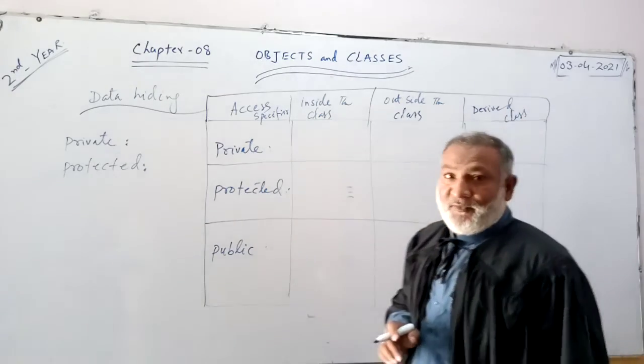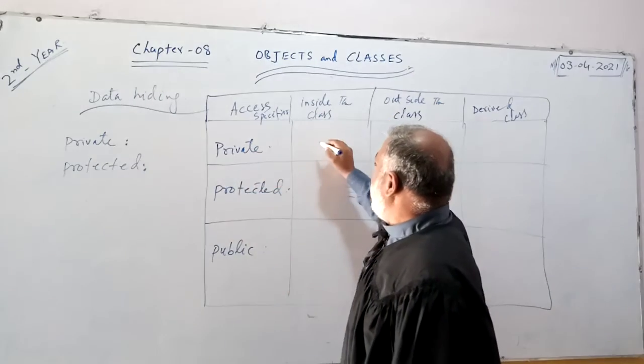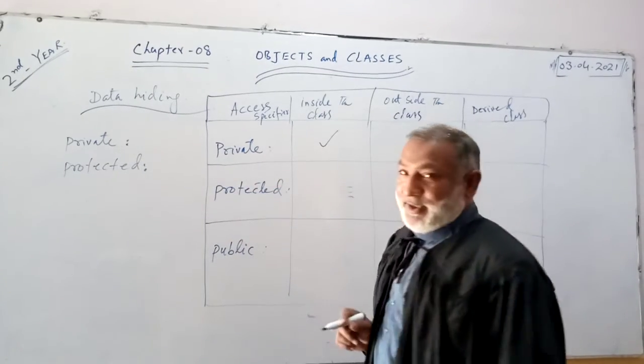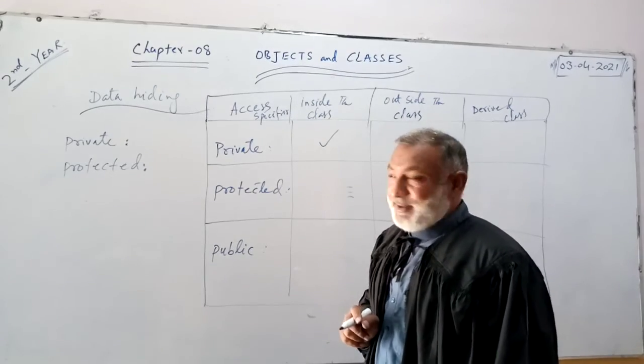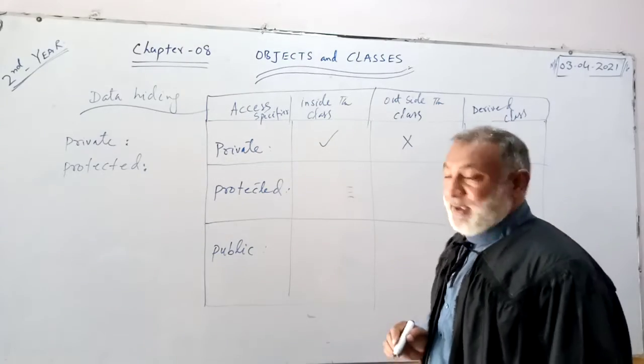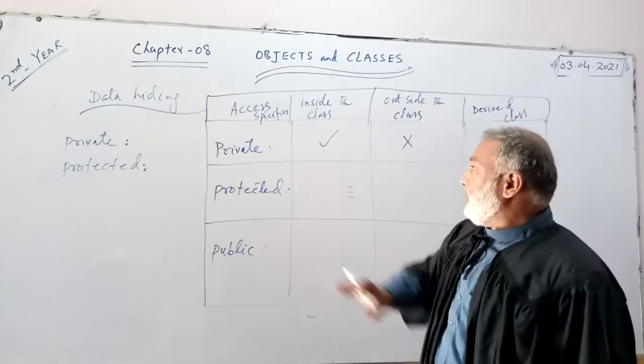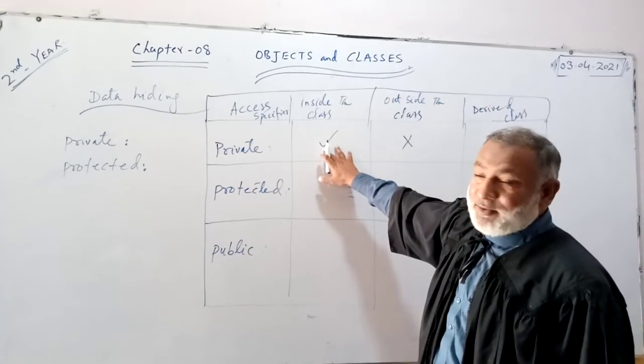Students, if you declare members of the class private, they can be used inside the class, but they cannot be accessed outside the class. They cannot be accessed inside the derived class. So it is private, for inside the class only.